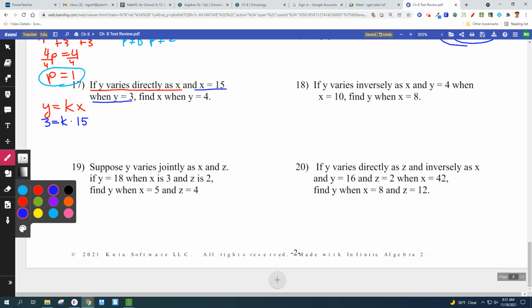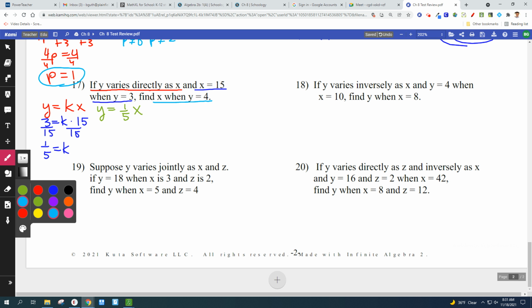so sometimes you can do that in your head. This one's a little bit harder because it's going to give me a fraction. Divide by 15, that reduces to 1/5. k equals 1/5. That's my constant of variation. So I go back to the formula and plug in that constant of variation. y equals 1/5 x. And then my last step is just do what it says to do.